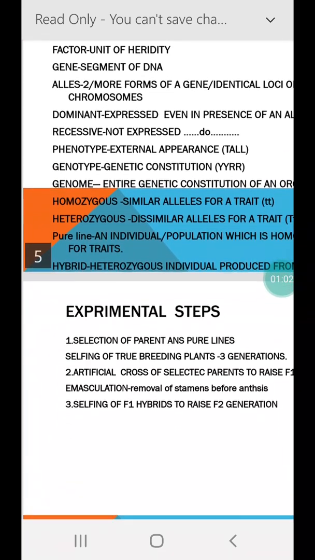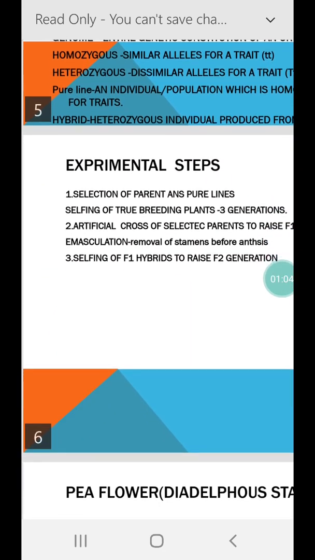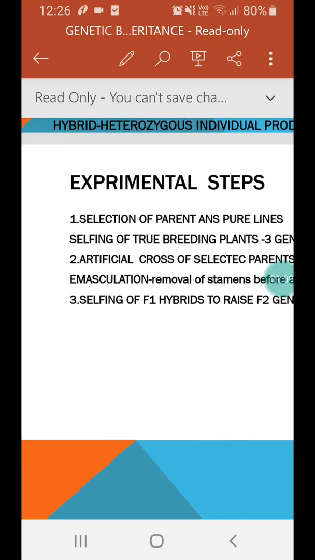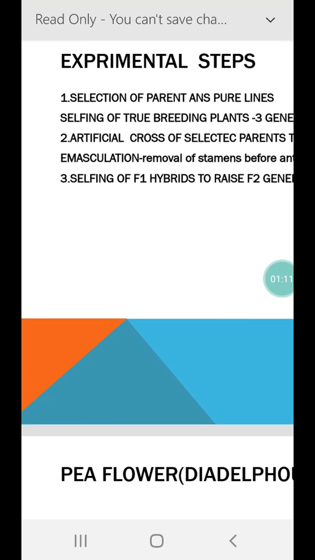Now coming to the experimental steps. Mendel was very methodical, and he first considered inheritance of just one trait at a time. Later he studied 2 traits together.